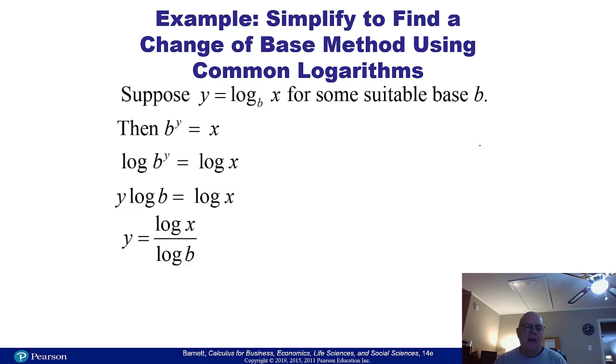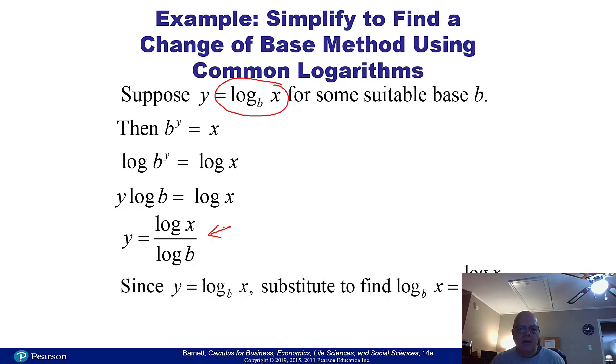So you can do it like this. If you need that, that's like the one we worked a minute ago. Remember, we can't take x over b and then take the logarithm of that.